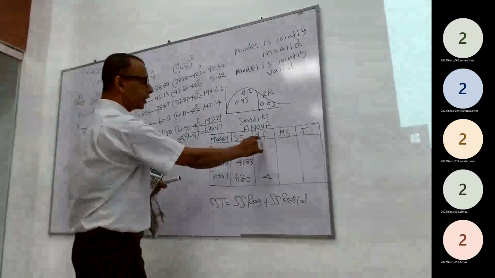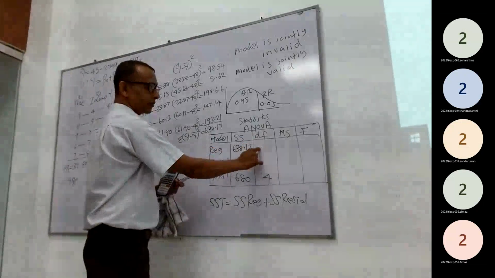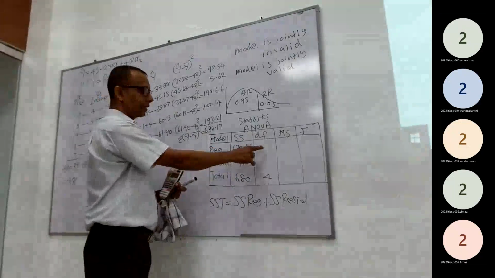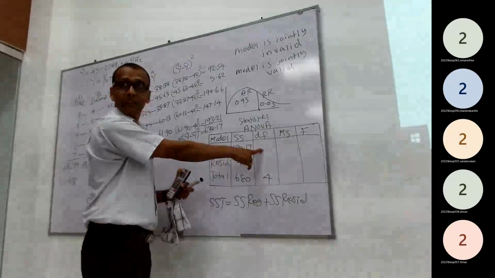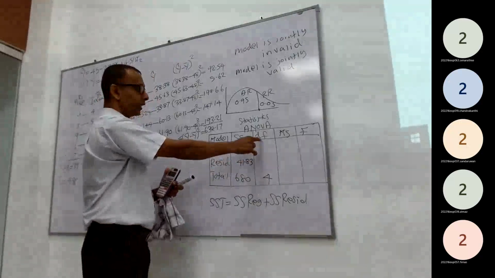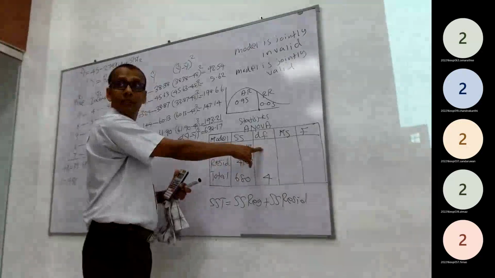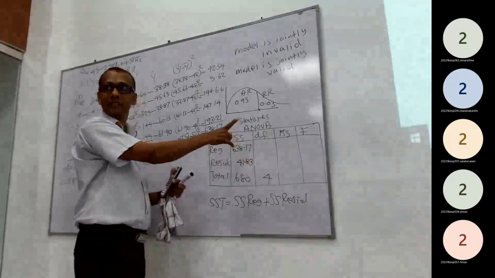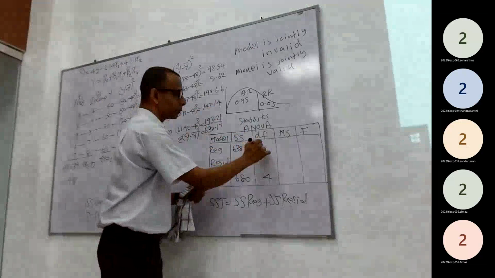Right. Now the degrees of freedom here, how much? Degrees of freedom regression? Yes, 2, the number of independent variables.